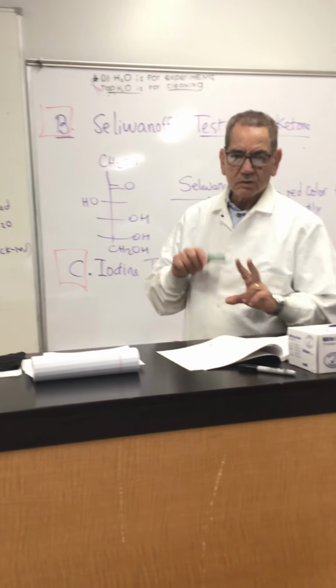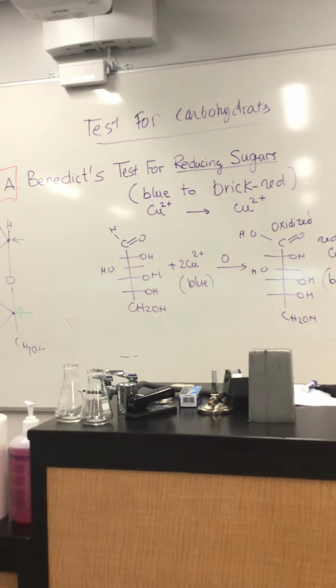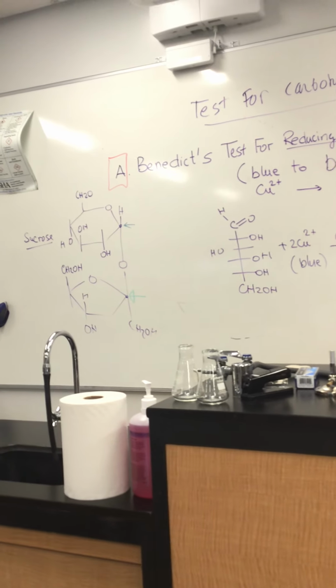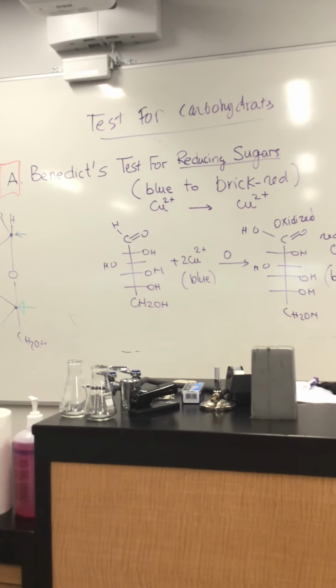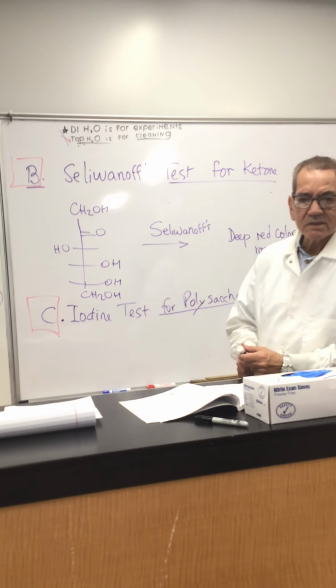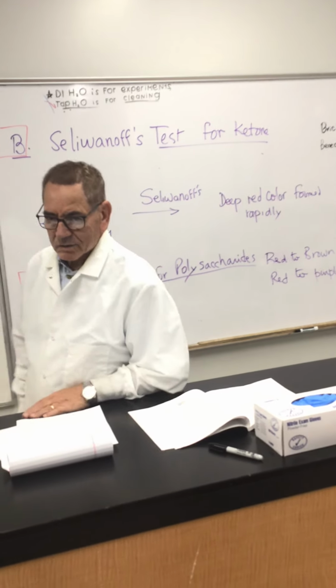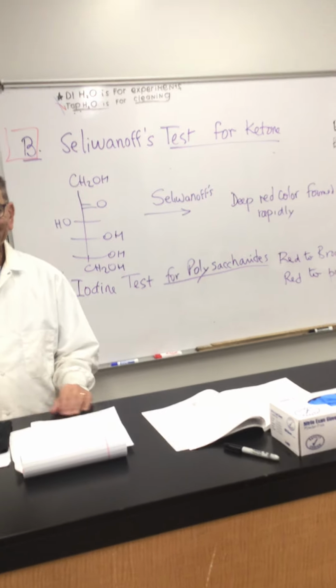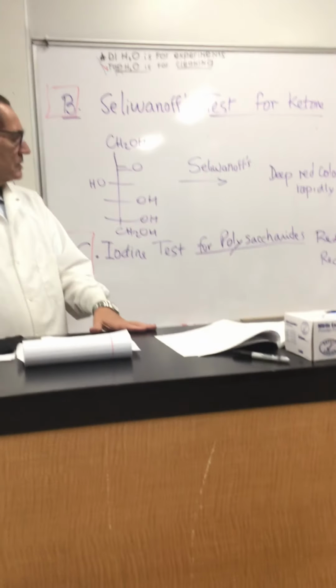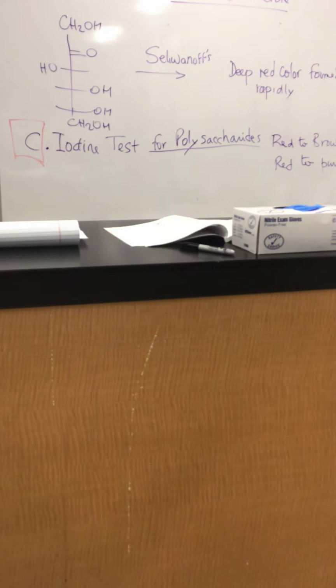So now we've talked about two tests. One is the Benedict. What is the use of Benedict? That's for reducing sugars. It will prove that we have a reducing sugar. Test number 2 is Seliwanov's test. It will differentiate between ketose and aldose. The ketose will give you a deep red color as a positive test, and it will form very fast. The third test is for polysaccharides.